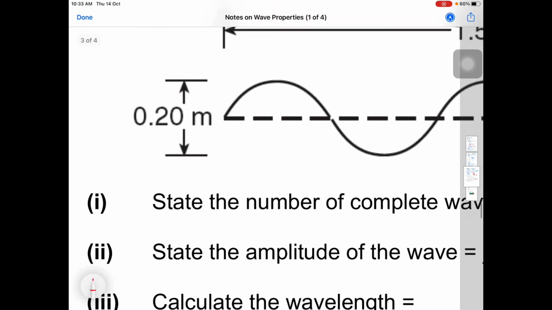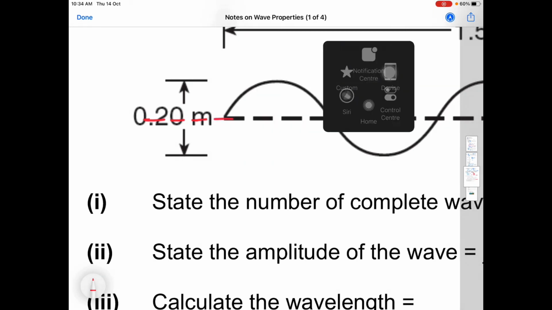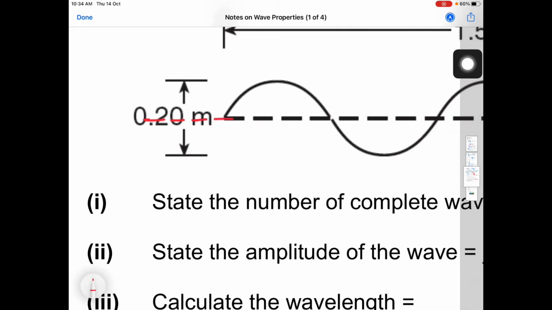State the amplitude. Now I'm going to zoom in here. This is not the amplitude. 0.2 meters is not the amplitude, because 0.2 meters is the distance from the crest to the trough. If you remember, the amplitude is only measured from the position of rest to the crest or the trough.